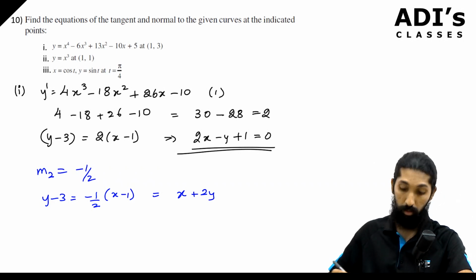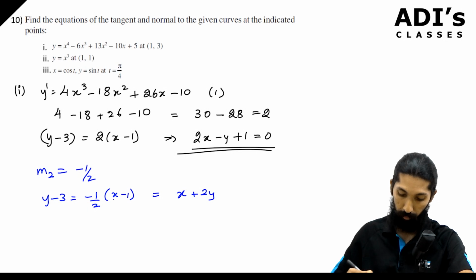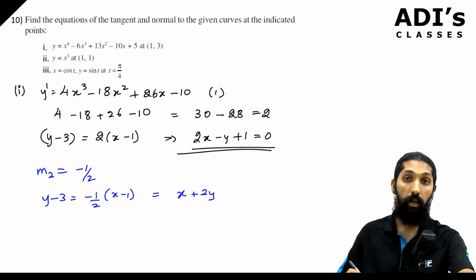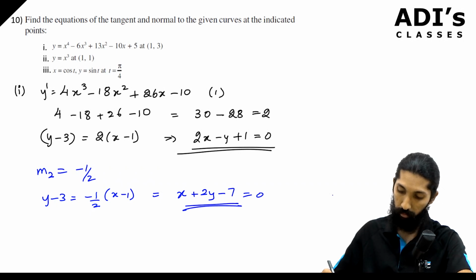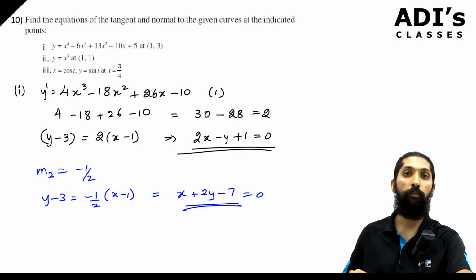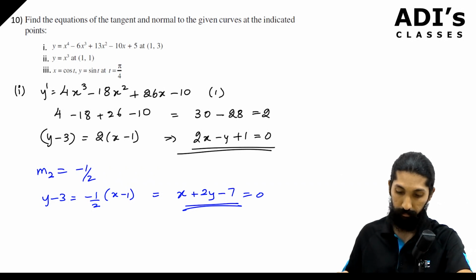All right, so x plus 2y, so minus 6, and then it's going to become minus 1. Minus 7 is equal to 0. This is going to be the equation of the second one. Clear? So this is the answer.